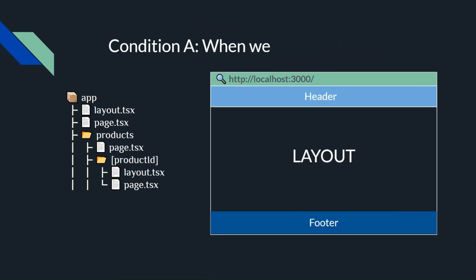So let's visualize what we have done in this video today in Next.js, how we have created the nested layout for the product detail page. Here on the left hand side, you can see the structure which we have built in this application currently, and on the right hand side you can see the overall layout and how it works. As you all know, when you visit the localhost, the header, layout and footer will be seen.